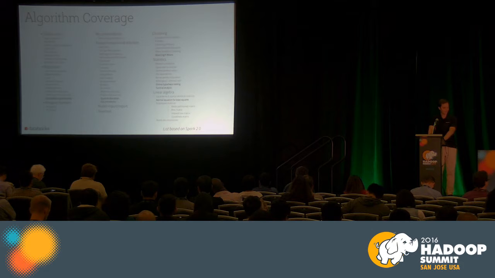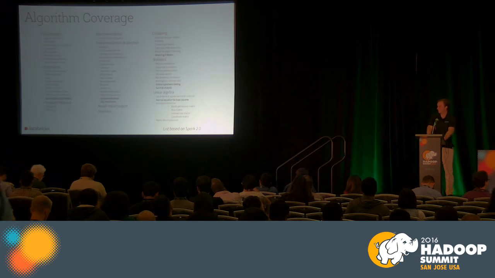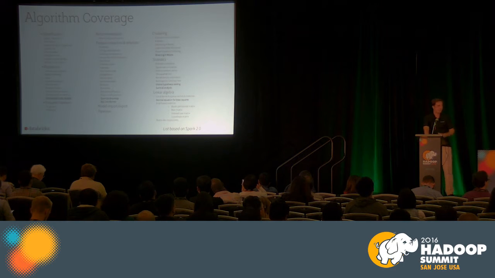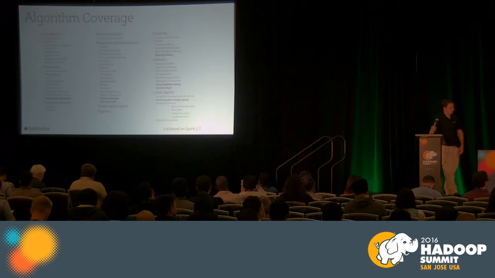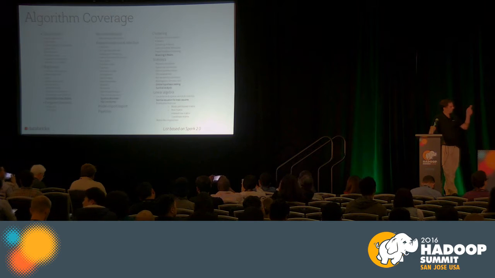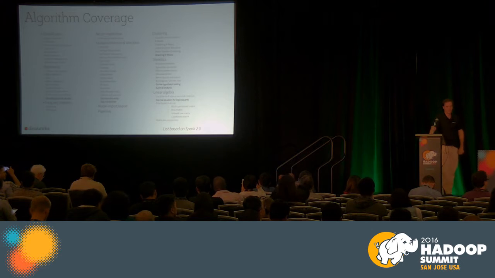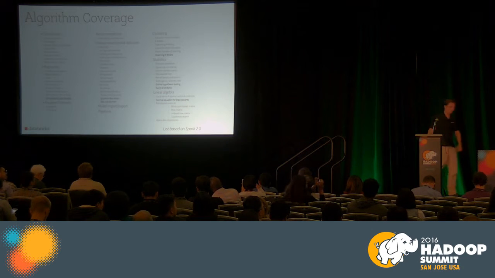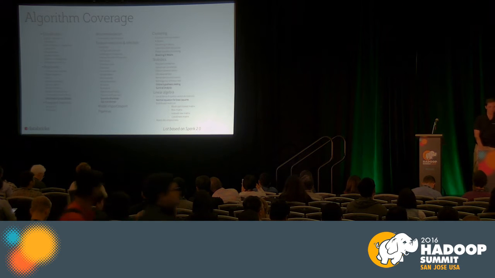In this slide, I highlighted in bold the new algorithms that have been contributed by the community since Spark 1.6. So you can see it grows at a very healthy rate. In particular, the generalized linear model, which is underlined, has been a huge contribution from the community for Spark 2, which is due to come soon.